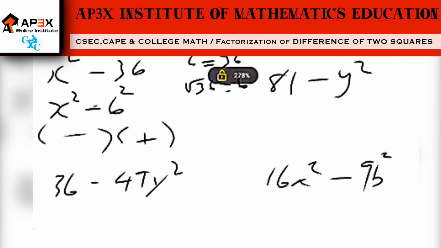Since we have 2 x's, we put 1 x here and 1 x here. And since there are 2 6's, we put 1 here and 1 here, and voila, that is your answer. Easy, isn't it? It absolutely is a very simple question once you understand the basic fundamental principles of difference of two squares.